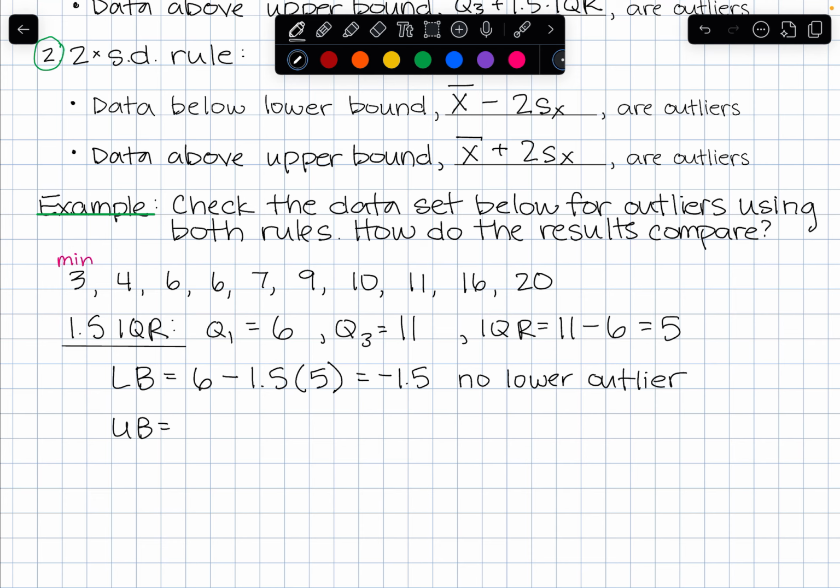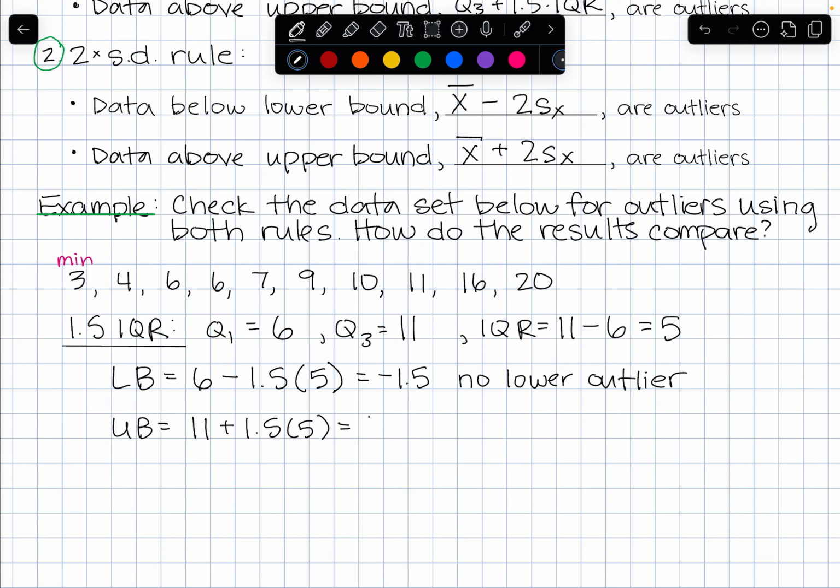For upper bound, I'm going to take the third quartile, and I'm going to add 1.5 times the IQR. So I'm going to do 11 plus 1.5 times 5.